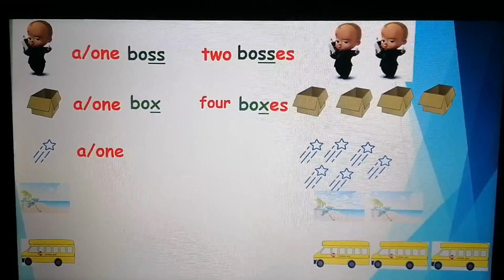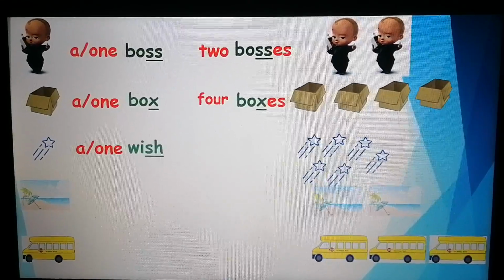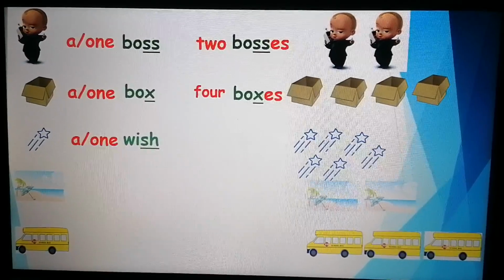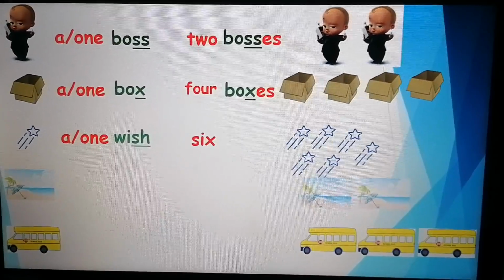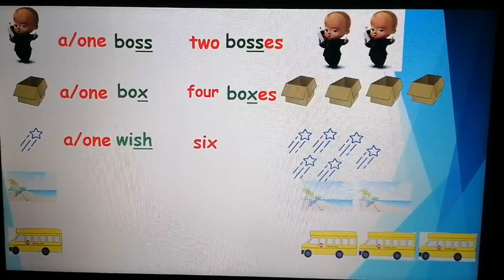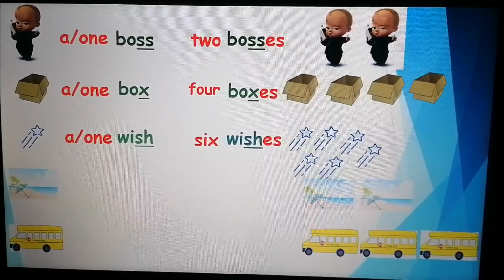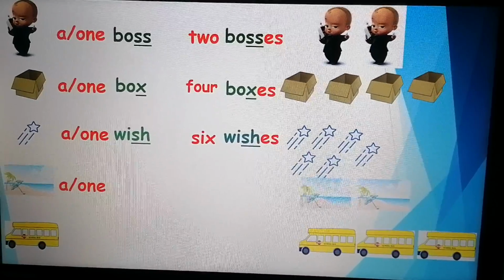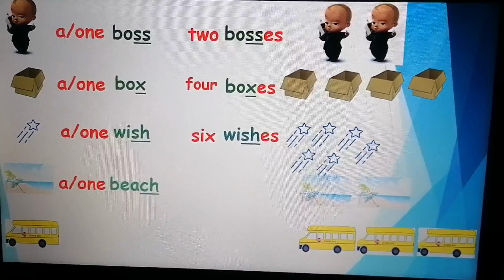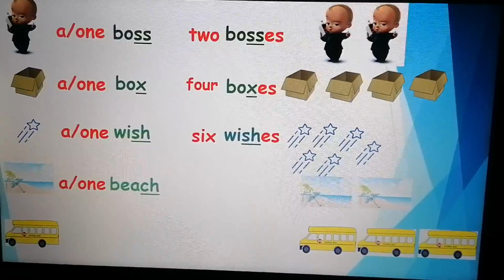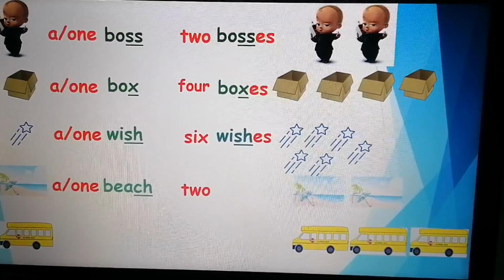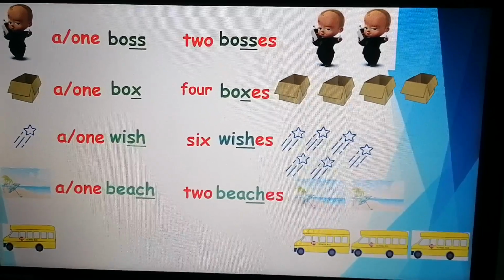A or one wish ends with SH. 6 wishes. Okay. A or one beach ends with CH. 2 beaches.